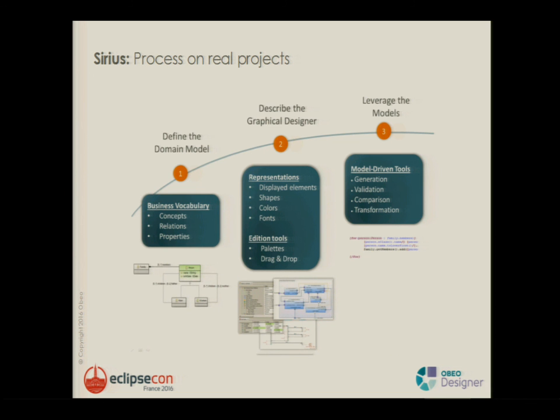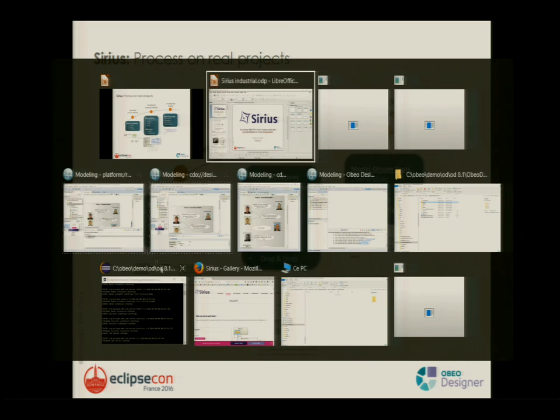So how do we usually proceed on a real project to make it happen? As we build a generic technology, it's very hard to know the use cases where Sirius could fit a real need. For us, as the Sirius core team, it's very hard to detect this. So we made a kind of gallery, which is this website, if I can show you.